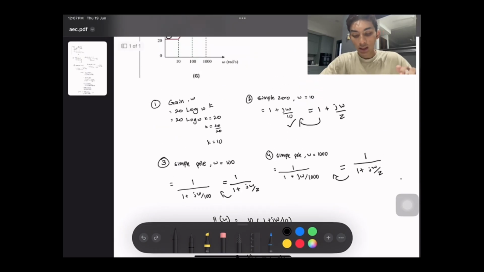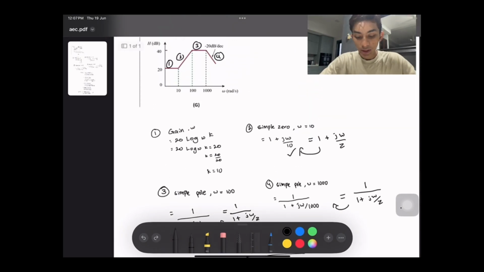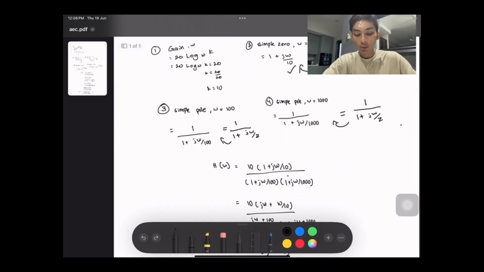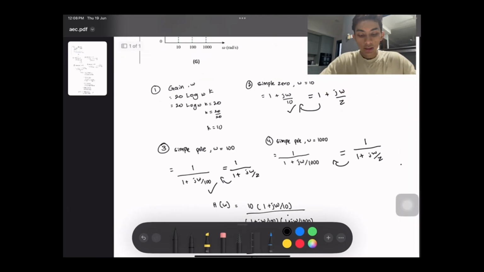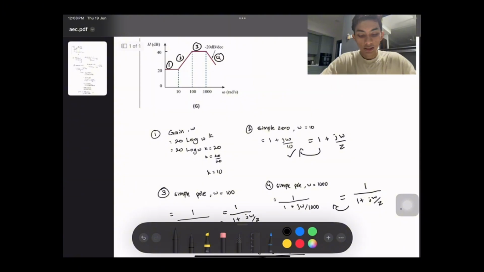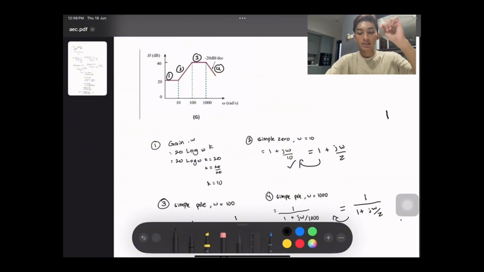Okay. So the simple pole omega is 100. So the formula is 1 over 1 plus j omega divided by z. So the z will be changed to the omega, which is 100. So the value will be 1 over 1 plus j omega over 100. Okay, so the last and the fourth one is a simple pole because the line is decreasing.